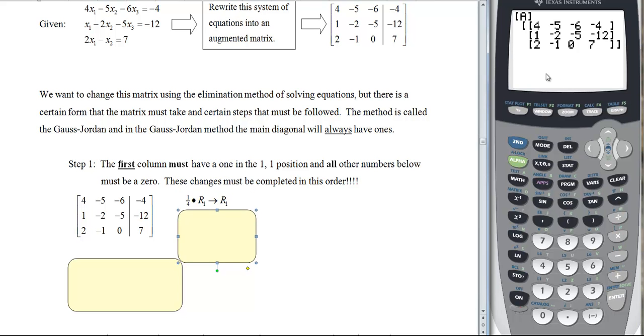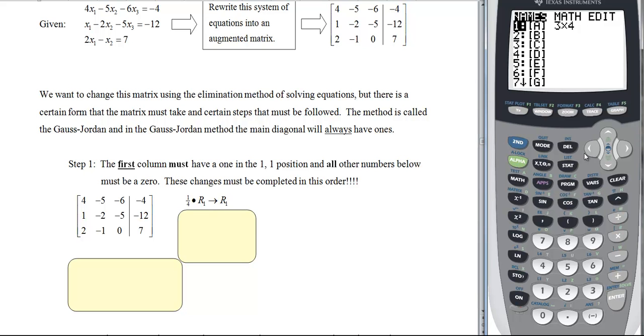Okay, so let's go ahead and do it in our calculator. So second matrix, over to math, up arrow, and I need just to multiply, so I need E. So I've got 1 divided by 4. I do not need parentheses because the comma in a way separates it.